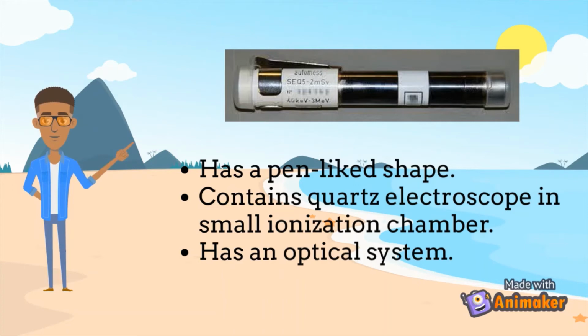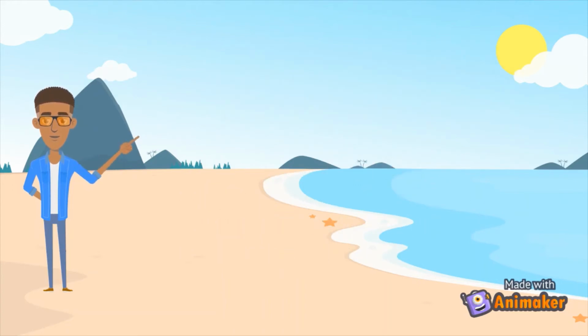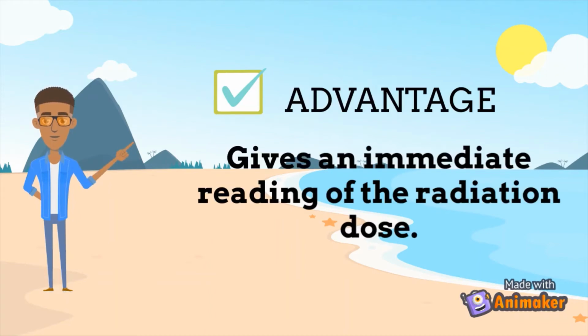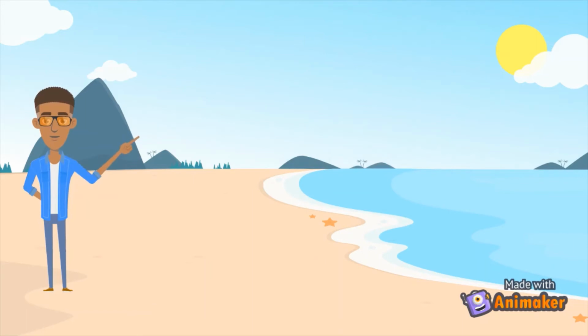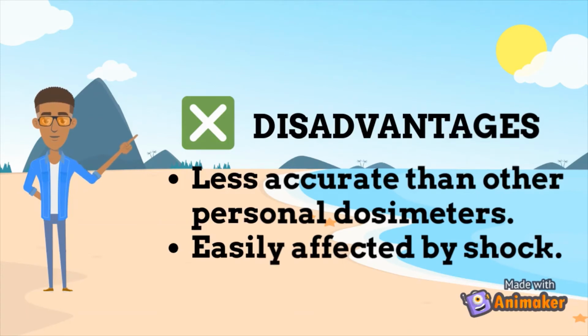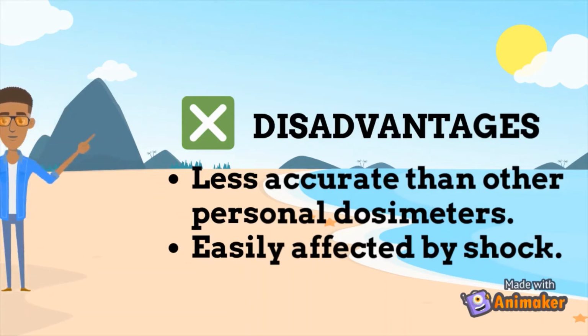It is also provided with an optical system. One of the advantages of the QFE dosimeter is that it can give an immediate reading of the radiation dose received by the wearer. However, QFE dosimeters are less accurate than other personal dosimeters, and they are easily affected by shock.